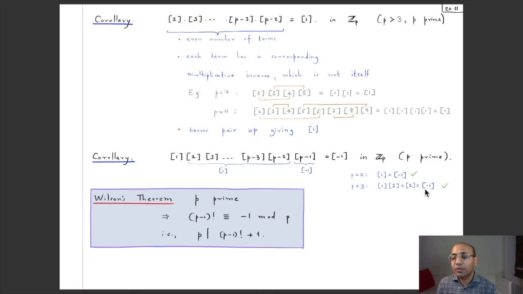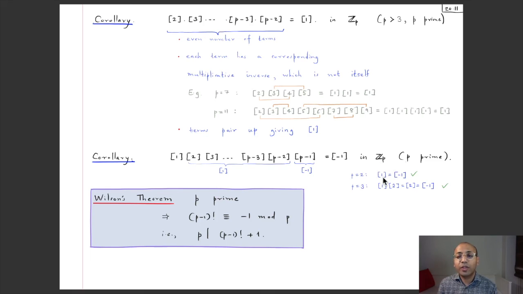Well, to prove this, we need to check that 2 is congruent to minus 1 mod 3. And that is indeed true because 3 does divide their difference. Their difference is equal to 3 and 3 does divide that. And so we have that these two are equal, and so this product is indeed equal to minus 1 in Z_3 as well. So for p equal to 2 and p equal to 3, this result is true.